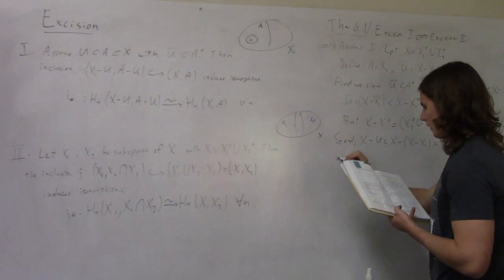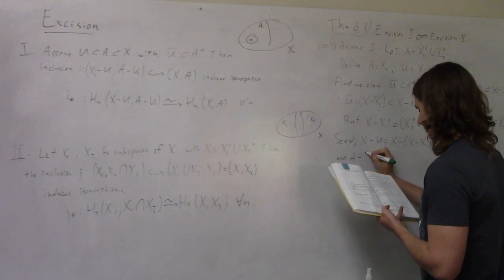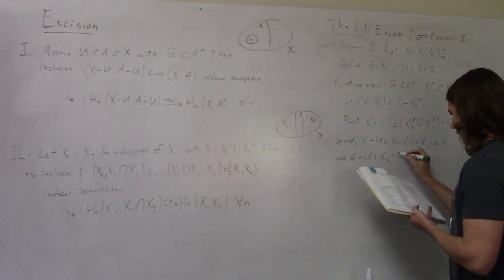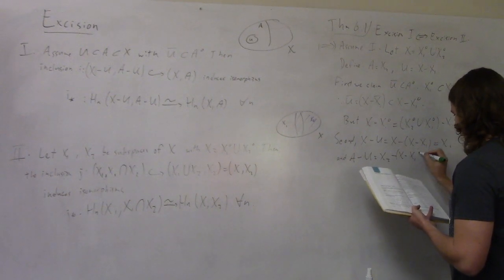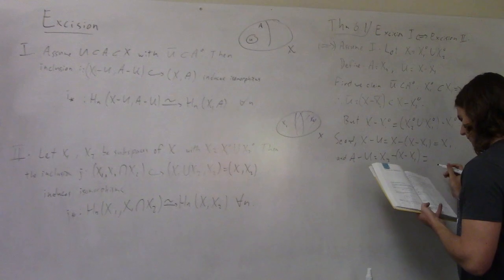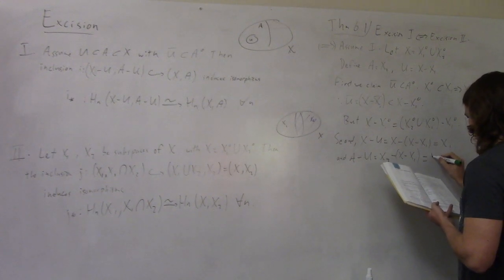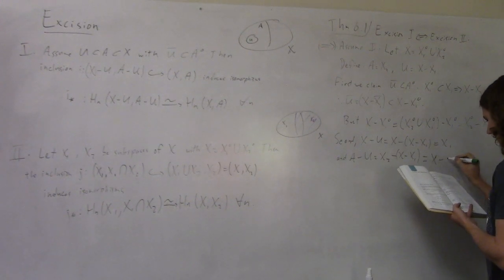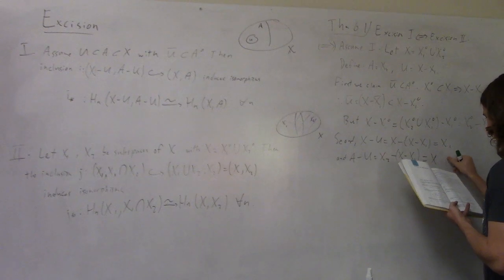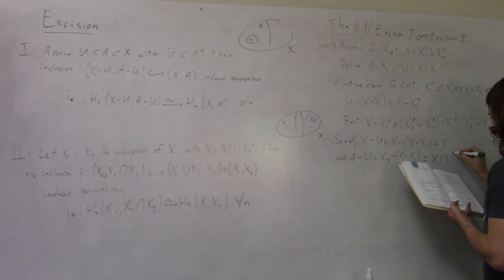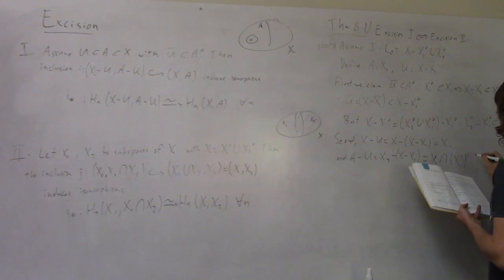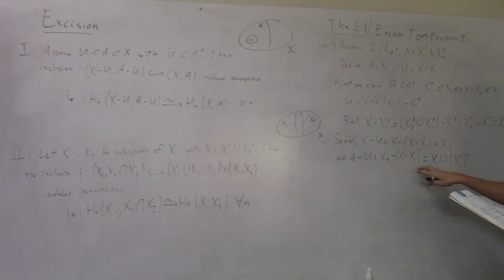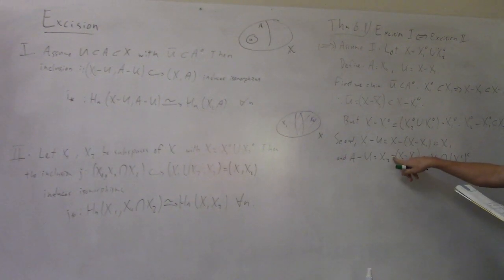And a minus u is equal to x2 minus x minus x1, which is equal to, just by definitions of relative complements, x2 intersect x1 complement. The first complement comes from here, the second complement comes from this one.